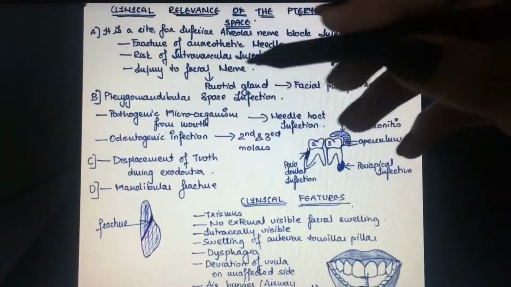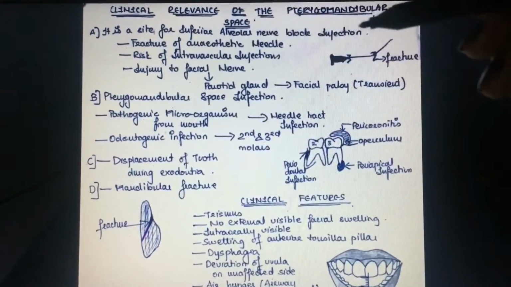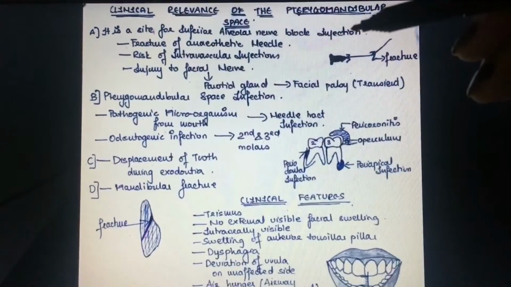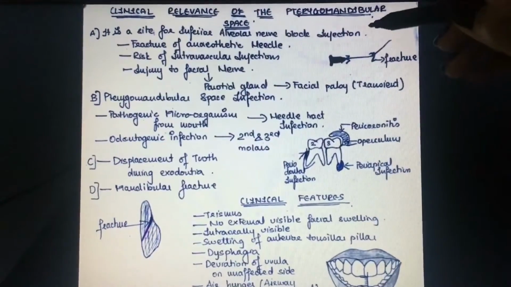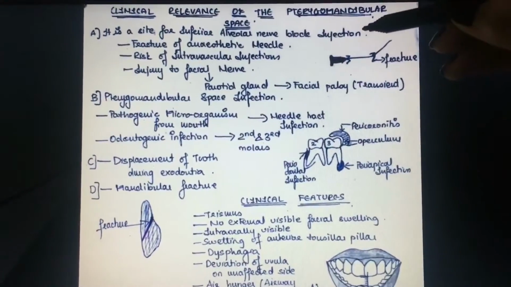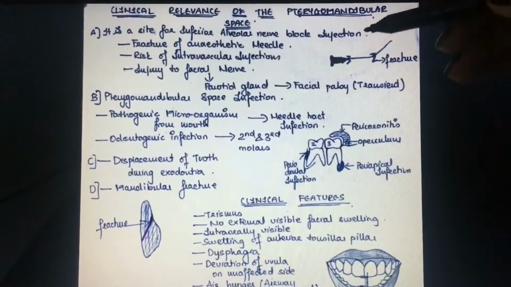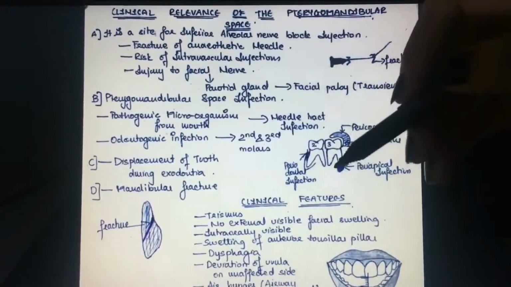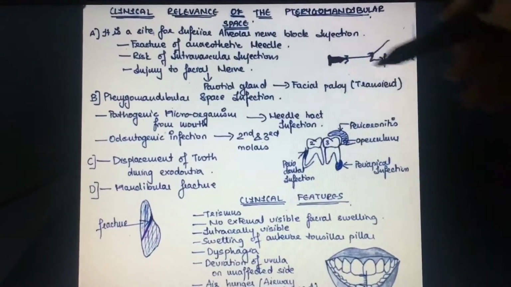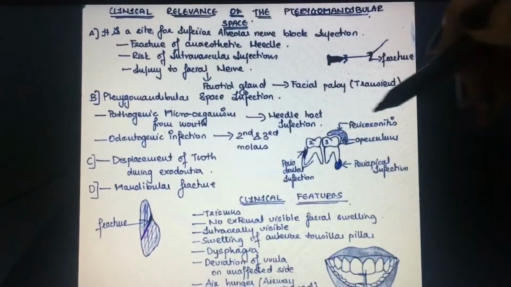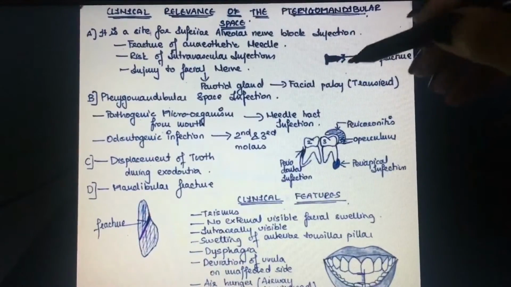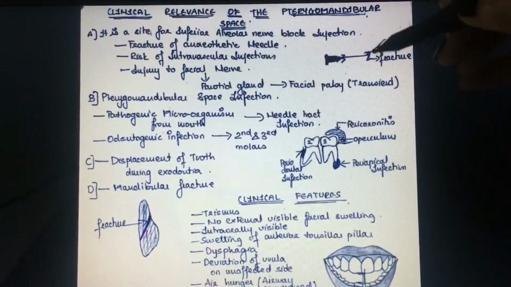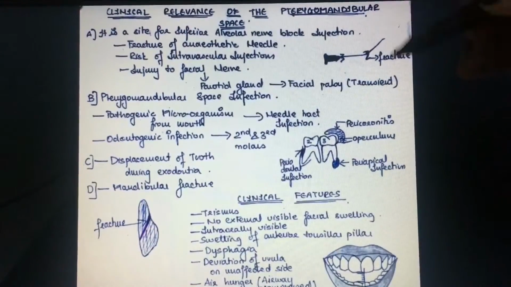First thing is that it is a site for inferior alveolar nerve block injections. It is an important site where we inject the local anesthetic doses. So if a complication occurs, it can be an injury to the facial nerve, which will eventually cause transient facial palsy, or it can be a fracture of the needle, at the hub area or at the middle portion where we bend the needle.